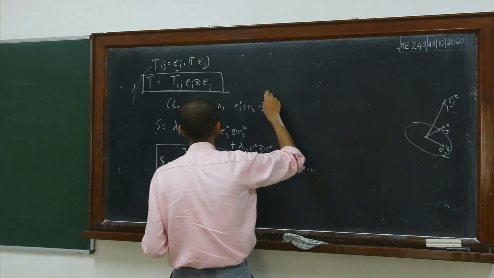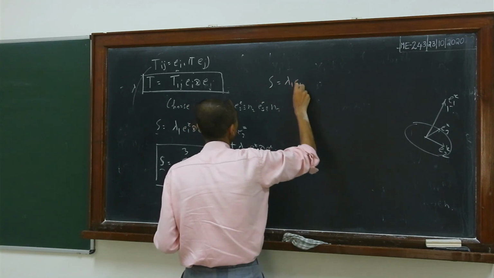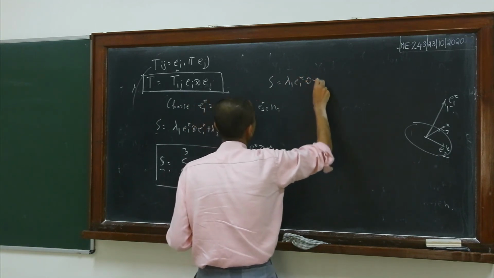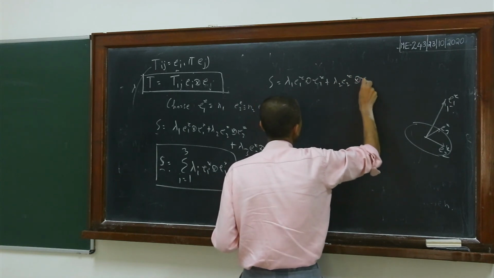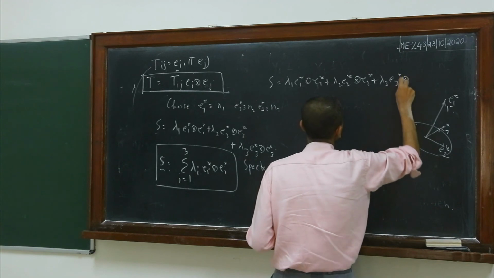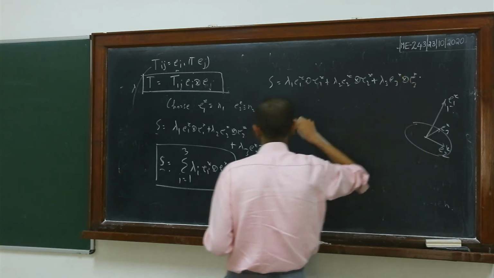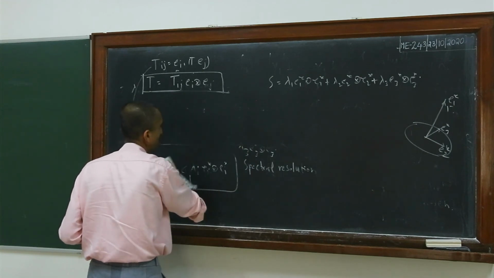Take S equal to lambda 1 E1 star dyadic E1 star plus lambda 2 E2 star dyadic E2 star plus lambda 3 E3 star dyadic E3 star. Now consider the case where all the eigenvalues are distinct.